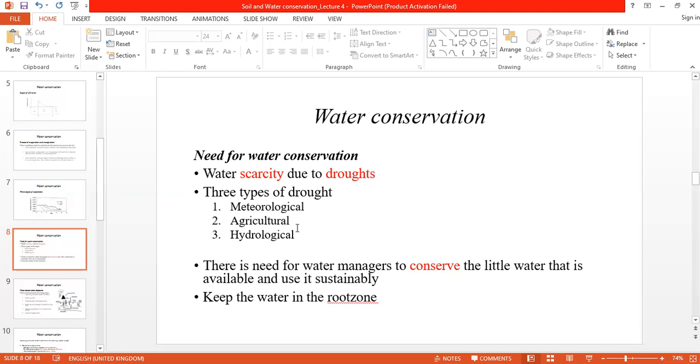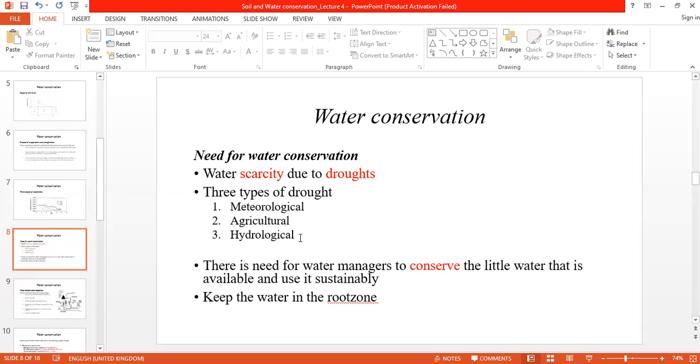Then you have an agricultural drought, where you have less water than what the crop requires. Then hydrological drought, mostly when you have low levels of water in water bodies.